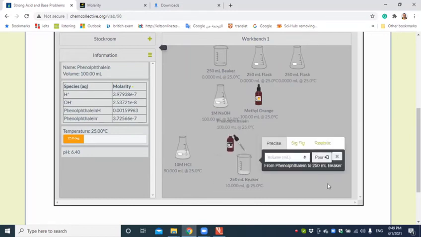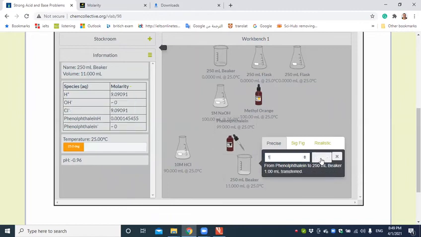Whether you put 1 ml or 100 ml, the volume of the indicator is not important. Only about 5 drops of indicator is enough, so I will choose only 1 ml to determine the color of this solution.